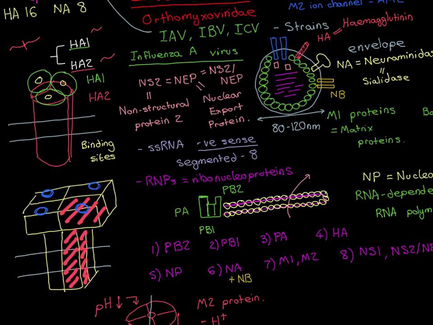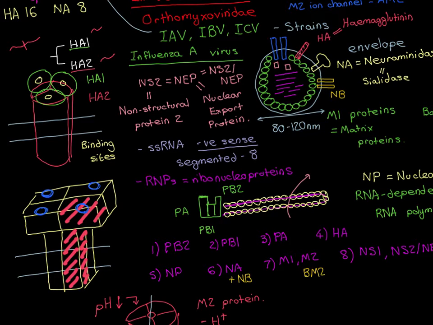The other difference that I'm just going to point out about the influenza B virus is that the M2 ion channel of the influenza B virus is quite different to the M2 ion channel of the influenza A virus, and therefore it's important to call it a different name. So we call it BM2 to distinguish it from the influenza A virus M2 ion channel.